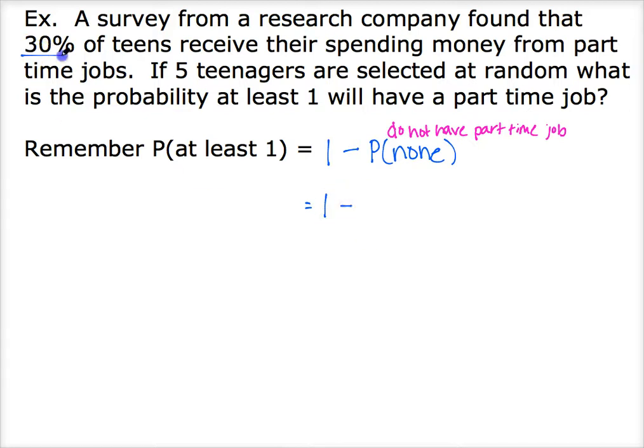If 30% of teens have a part-time job, then the probability that they do not is 0.70. So the probability that all 5 do not have a part-time job is 0.70 raised to the power of 5. Using our calculator, we get the probability is equal to 0.83193.